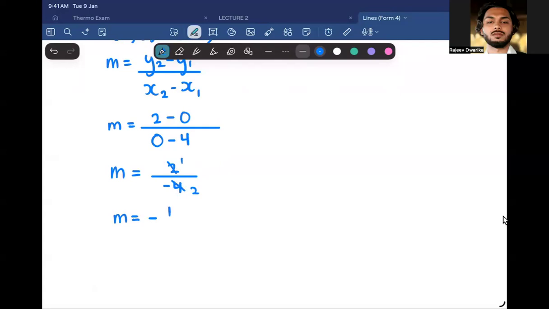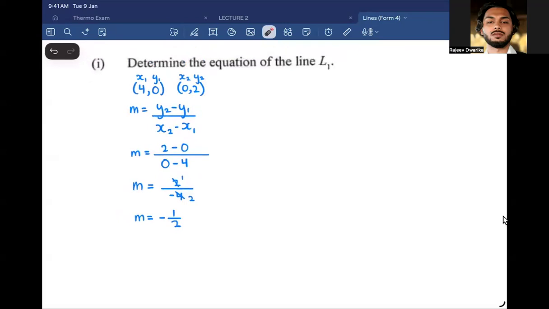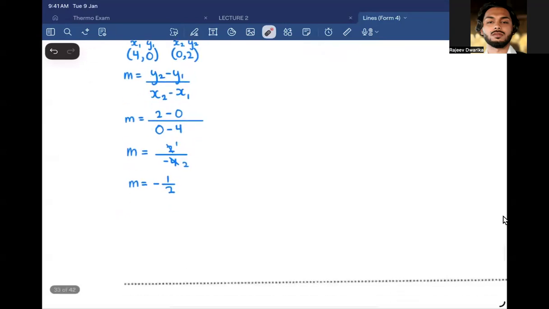So negative a half. Because 2 goes into 2 once, and 2 goes into 4 two times. Another way to think about it: isn't 2 just a half of 4? Yes, sir. So if 2 is a half of 4, then that fraction boils down to a half. And so that's the gradient of L1.